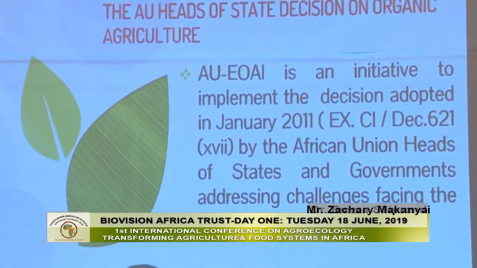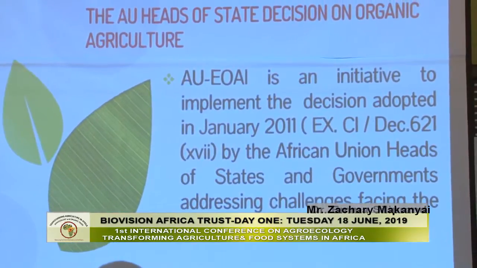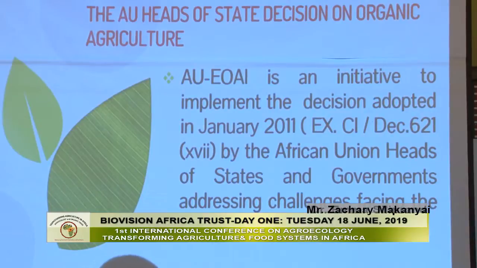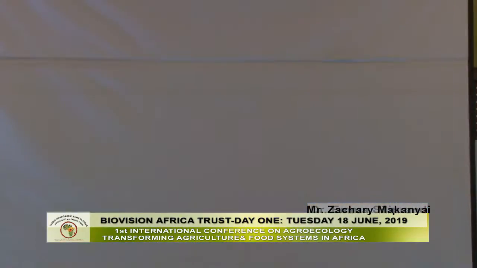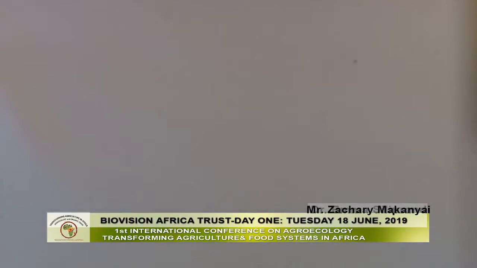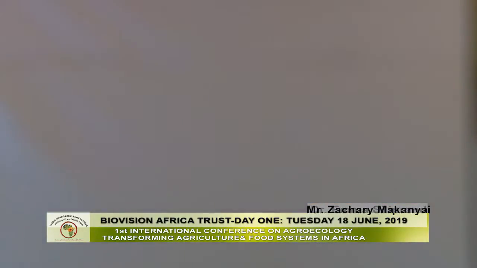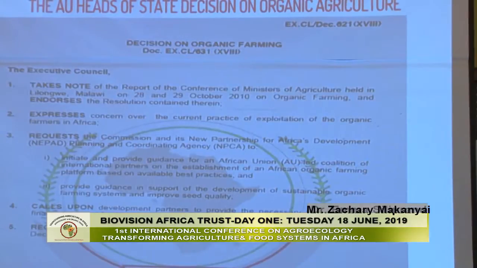Now, that is a decision. This is an initiative, and you can even see the reference of the decision there. Particularly, it was to address the challenges facing farmers in agriculture. It's a very important issue because it was discussed by heads of government, and then a decision was made. Now, what was the decision? You can see that is the original decision which was made.